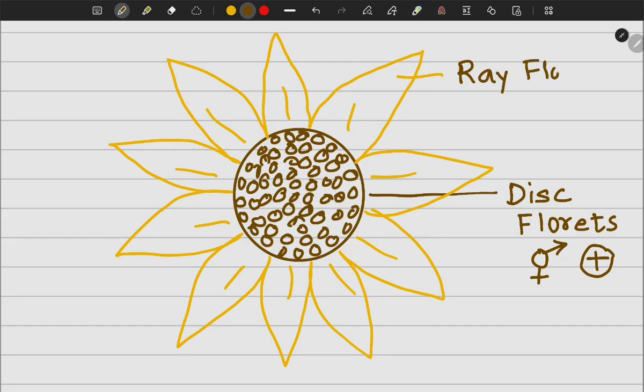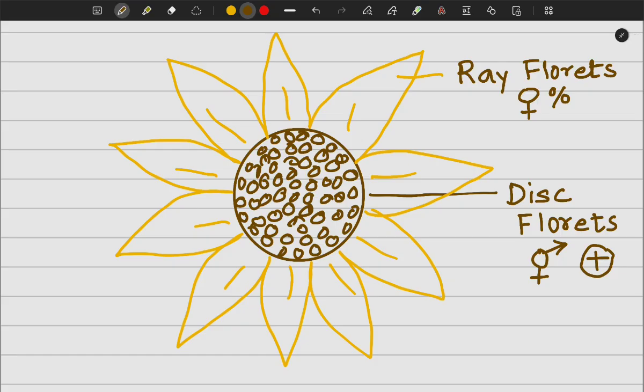So in one of the examples, when we studied about inferior ovary, the examples were guava, cucumber and ray florets of sunflower. So there we were talking about these specific structures in the sunflower which are called ray florets. These ray florets are usually female and they show bilateral symmetry or they are zygomorphic.